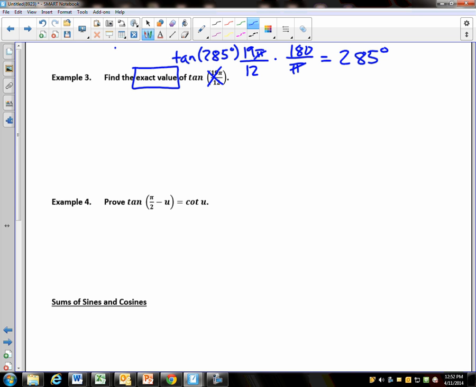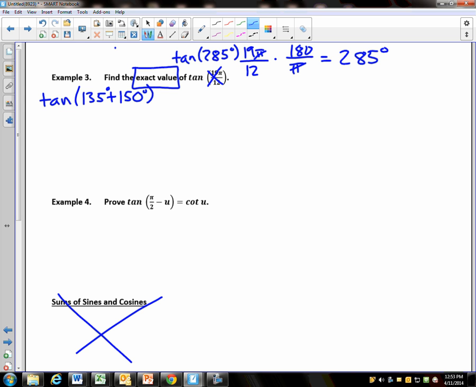So we're going to rewrite this now as the tangent of, and you're going to want to conserve on space here. But we won't do anything down here, so if we have to push stuff down, you sure can. So the tangent of 135 plus 150. So I found two angles whose exact tangent value I know, and they sum to 285.